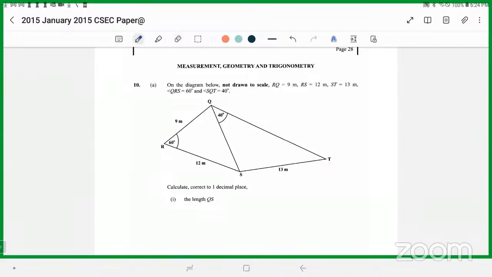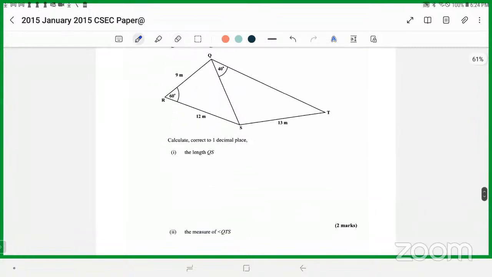First, I want the length of QS, which is this side. I'm going to work in this triangle and use cosine rule. So let's tell the examiner: cosine rule for QS. QS squared equals this side squared plus this side squared.